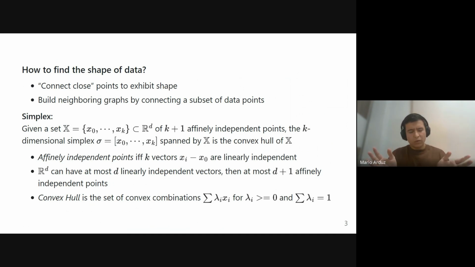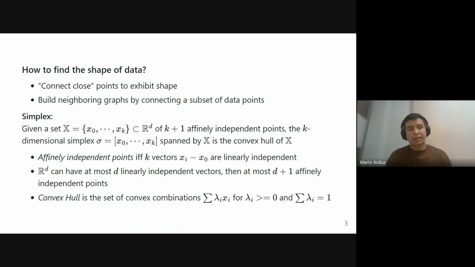We first think that we are going to have a set of k+1 points, and they are going to be independent if, let's say, we subtract x0 from our points x1 to xk, and the results have to be linearly independent.